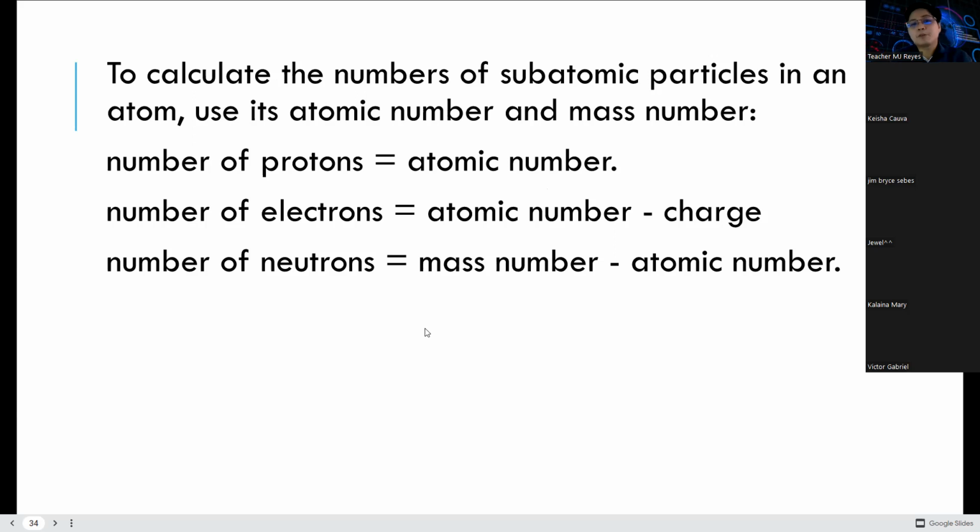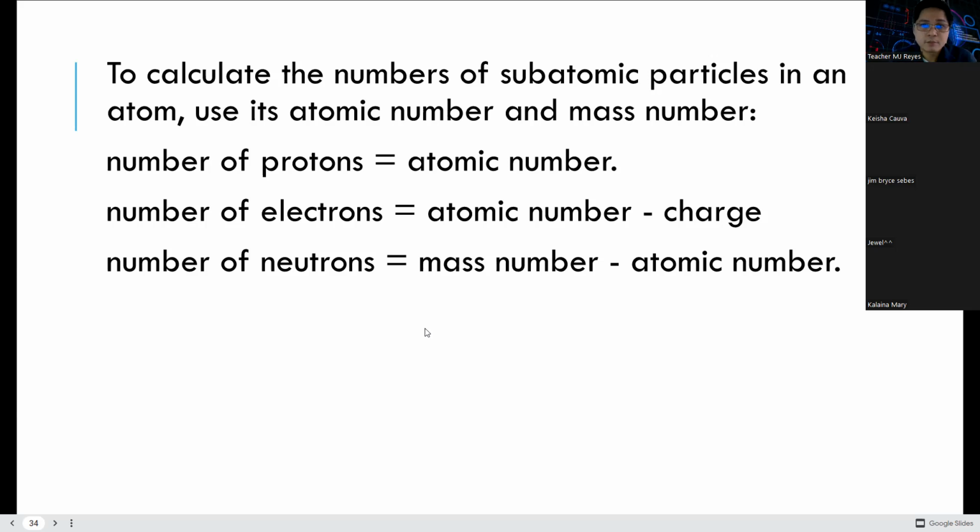Again, the number of protons is equal to the atomic number. The number of electrons is equal to the atomic number minus the charge; it could be positively or negatively charged, as ions. The number of neutrons is equal to the mass number minus the atomic number. You told us that protons and electrons are equal.